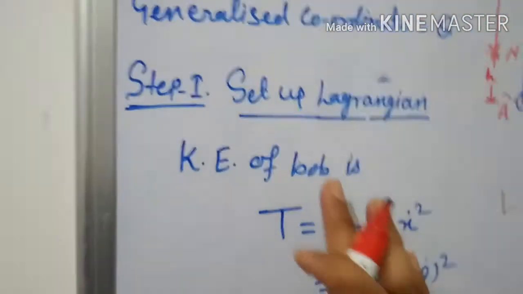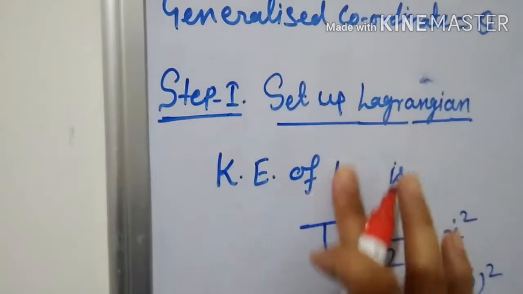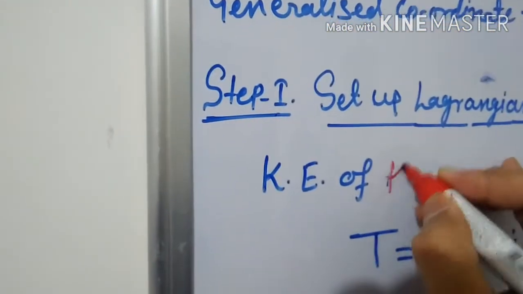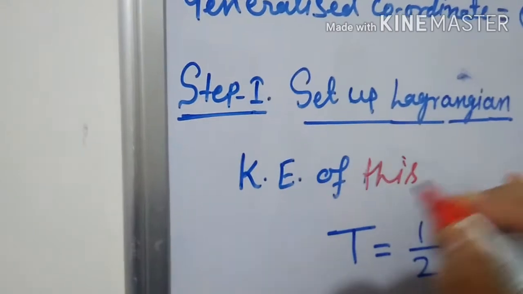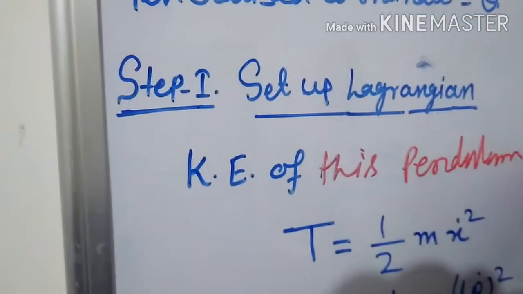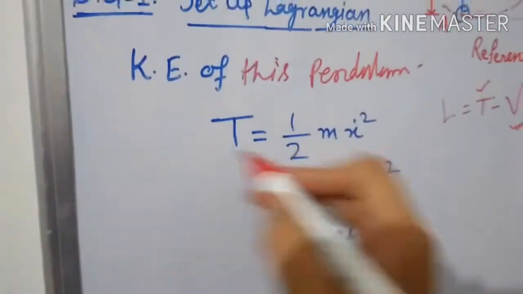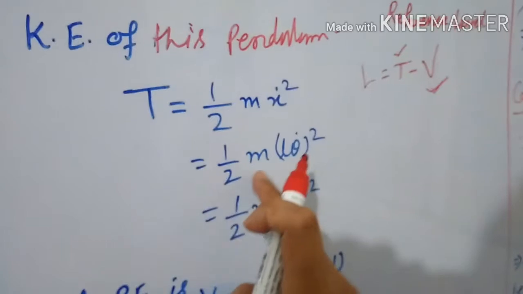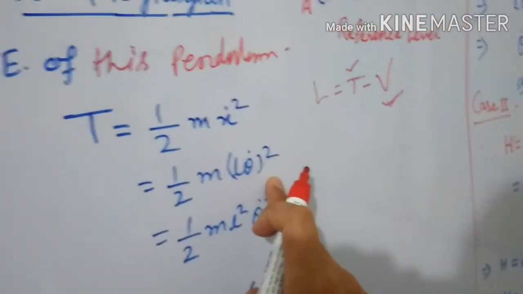So here kinetic energy of this pendulum is given by T is equal to half m v square.